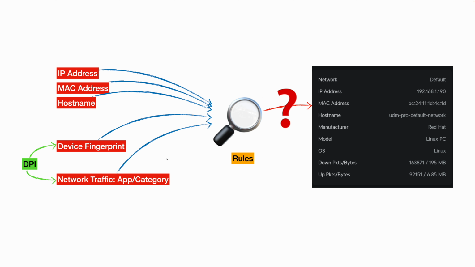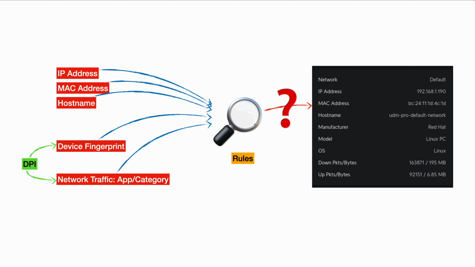Then, to consolidate all the information, Ubiquiti applies its own rules. I did look into the system and found multiple rule files, but the crucial ones are in binary format. Again, it's proprietary, so Ubiquiti doesn't want you to change or even understand the rules. But there are rules in the system.